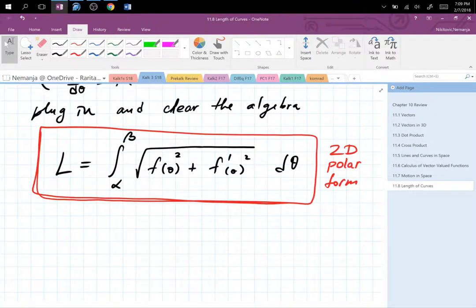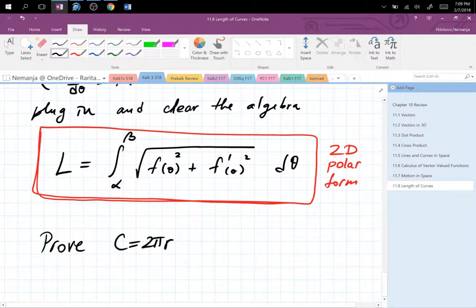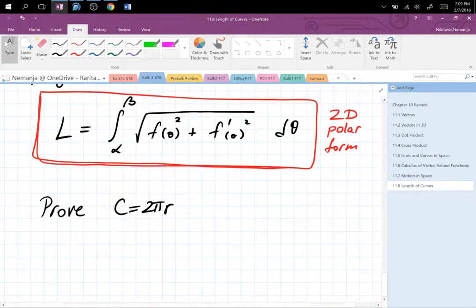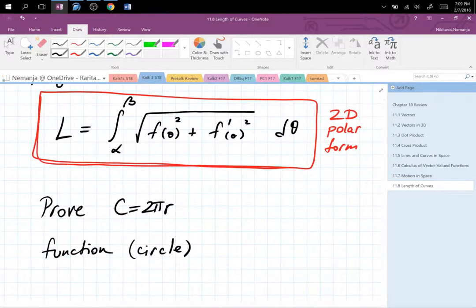Now let's prove the circumference of the circle with this. It's a problem, right? So prove that C is equal to 2 pi r. That's what we have, all right? So what do I have? A function, which is going to be a circle. Now observe that I say function. Isn't that a contradiction in terms? Circle, wait, fails the vertical line test.